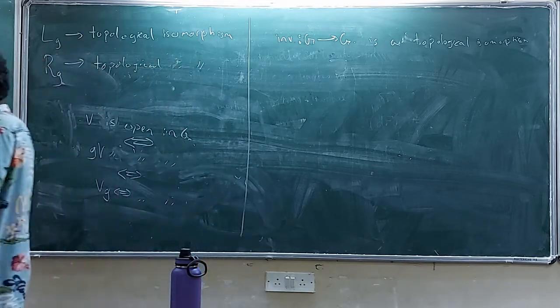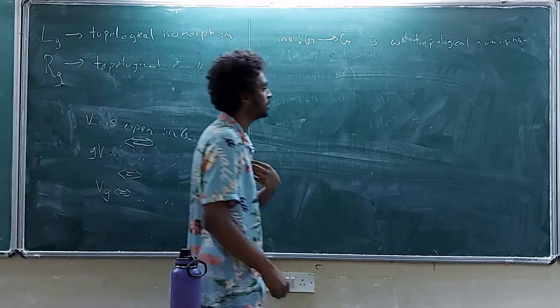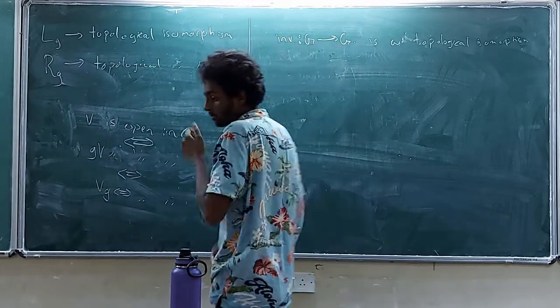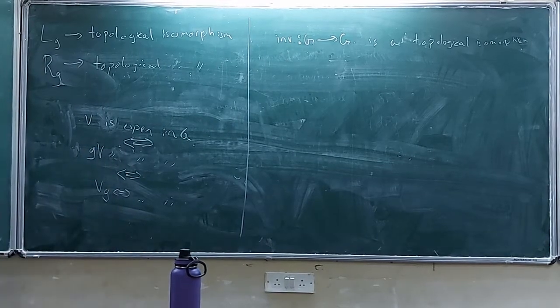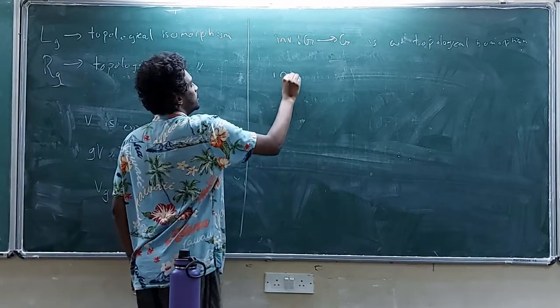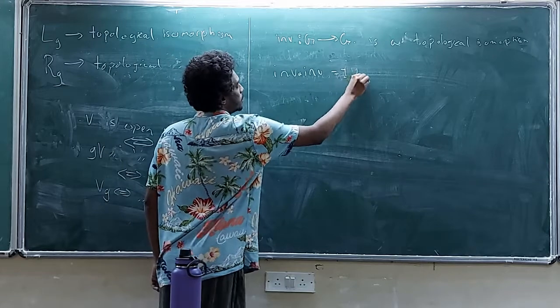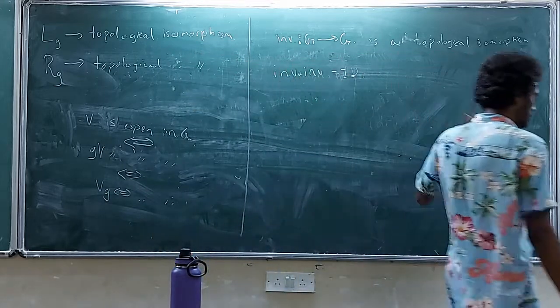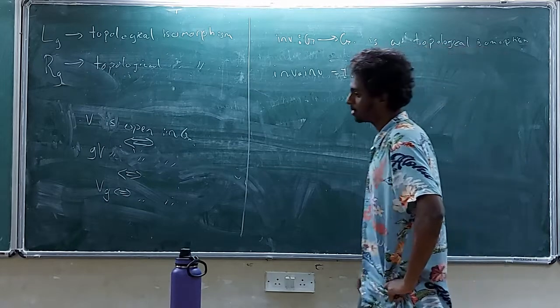You can have a lot of isomorphisms that are continuous in one way, and although their inverse exists as an isomorphism, the inverse need not be continuous. So that condition is really necessary. So inv particularly is a topological isomorphism. Inv was obviously continuous from the definition, but obviously inv of inv is equal to identity. So inv's inverse is itself, and inv also satisfies the same properties, and it is a topological isomorphism.